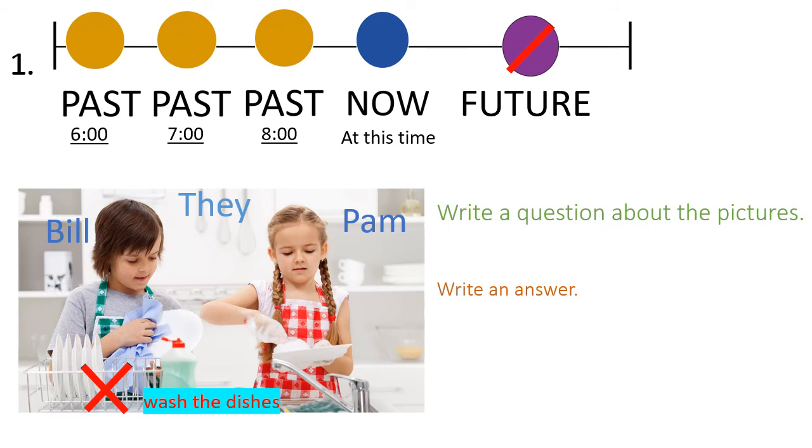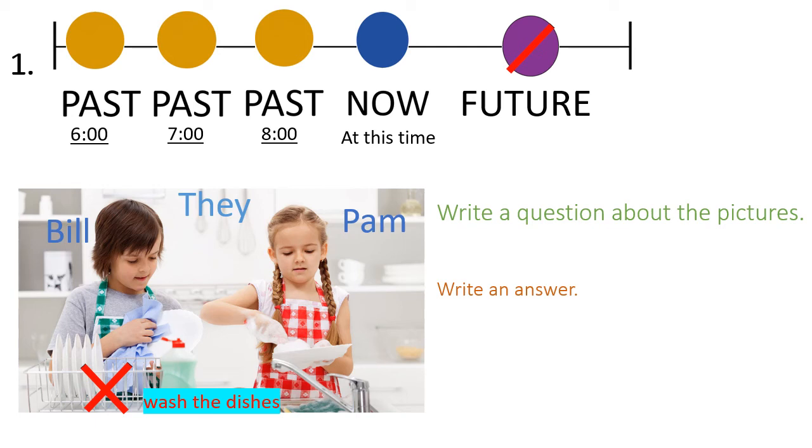All right. So for number 1, you'll do the same thing. You'll write a question about the pictures, look at the timeline, and look at the people and the action. But there is something different about the picture. Do you see the red X next to wash the dishes? What does the red X mean?